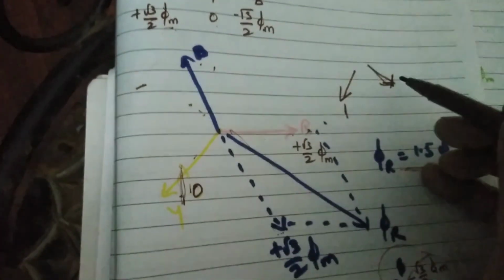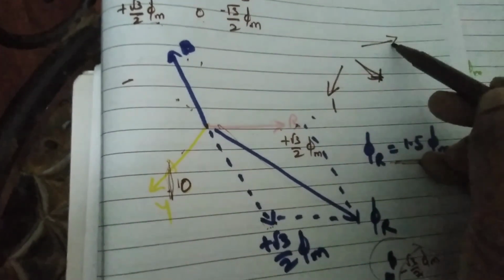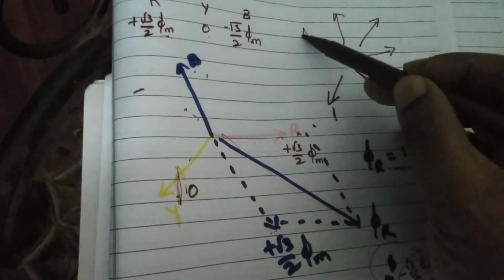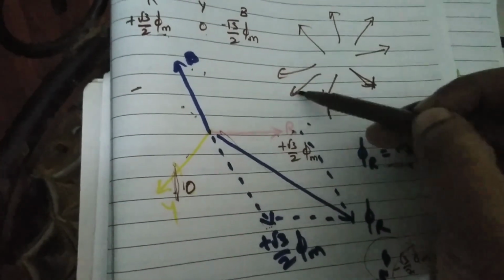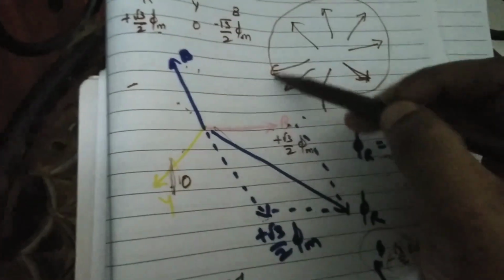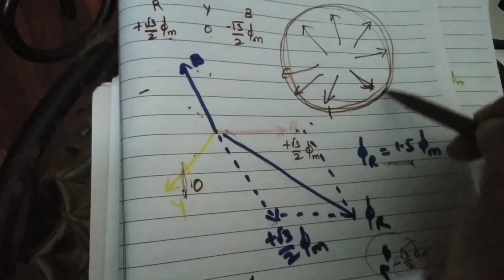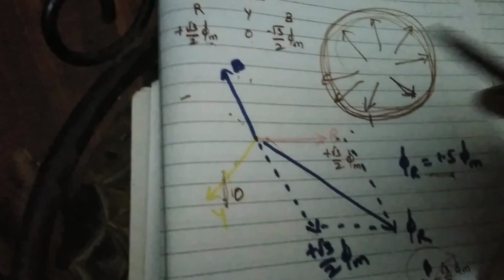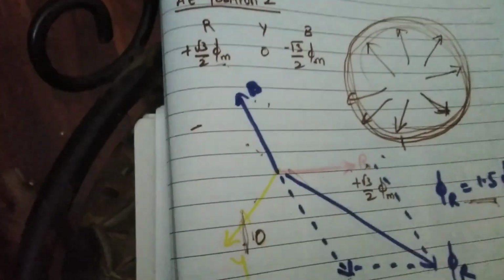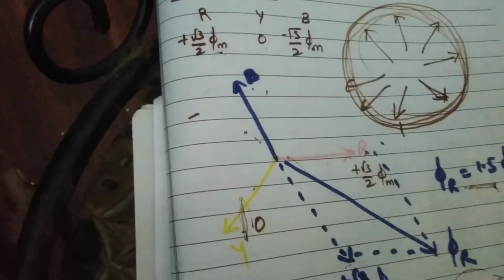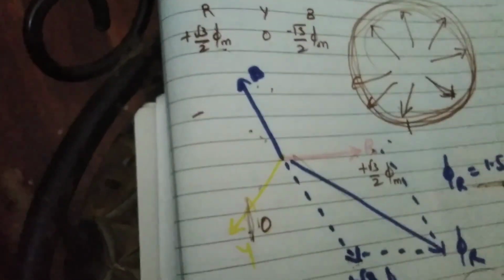In the same manner, the next one will be here with the same 1.5, and the next will be here, and so on. So it keeps producing the same magnitude with different directions. Hence we say that the three-phase induction motor stator produces three-phase flux which is rotating in nature.